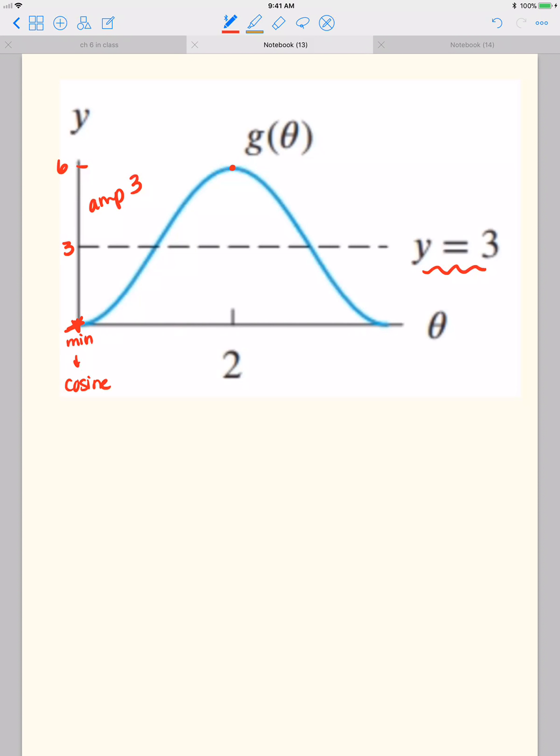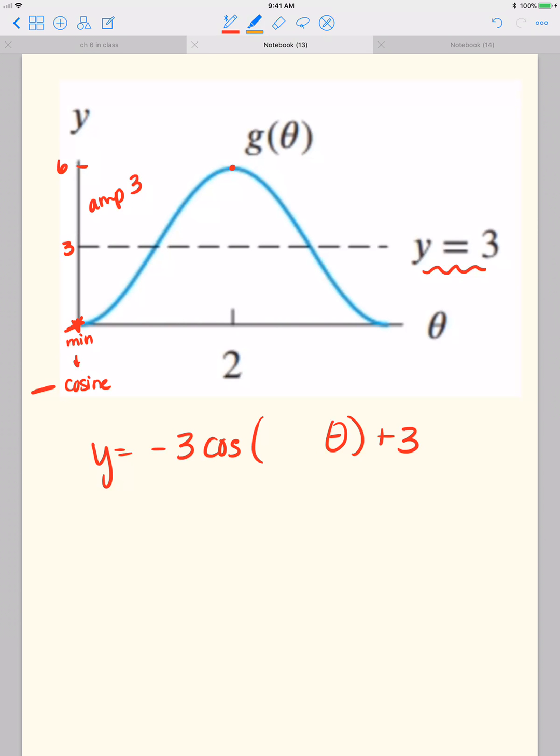And again, go back to starting at the minimum and increasing. That's actually going to be a negative cosine function. So y equals -3 cosine of some number with beta or theta, and then we'll do +3 to bump up our midline.